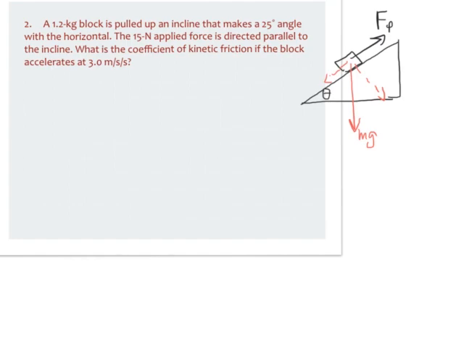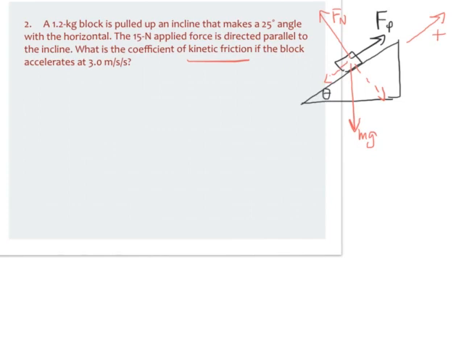If there's a surface, there's always going to be normal force, which is perpendicular to the surface. And then because the problem mentions friction, I should put a frictional force in here as well. The object I'm picturing is moving up and to the right, so my direction of motion is like this, and I will call that my positive direction.